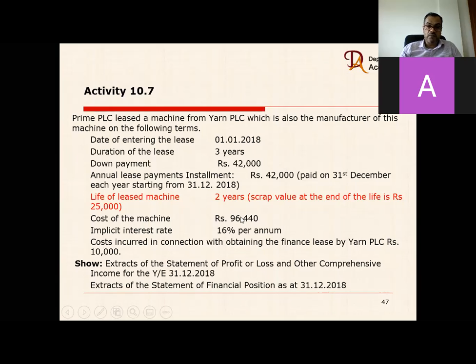This is the cost of sales of the machine, and take the sales price in terms of net investment; that difference would be your gross profit. So your task is extracts of the statement of profit or loss and other comprehensive income for the year ended 2018, and extract of the statement of financial position as of the same date.